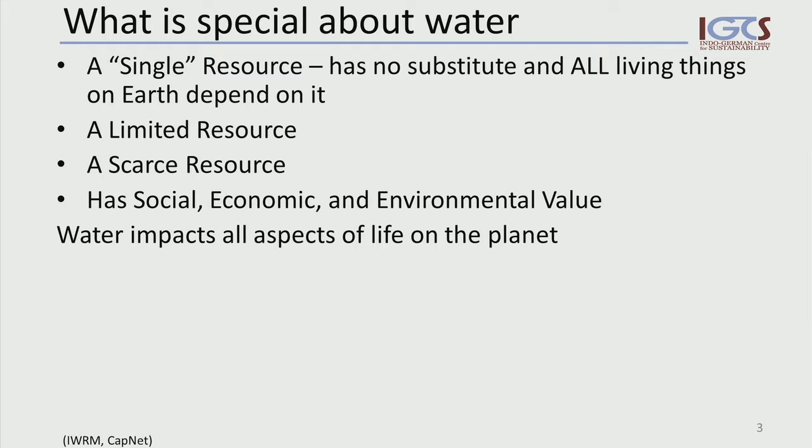So that means that water impacts all aspects of life on the planet, and anybody, scientists or not, politician or not, will get involved when it comes to water and water availability.